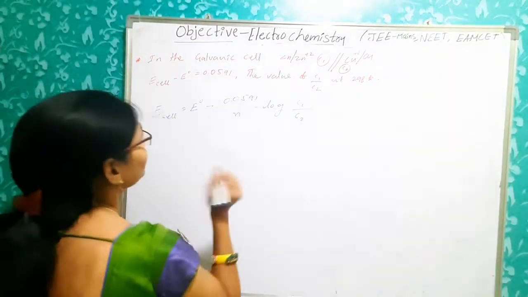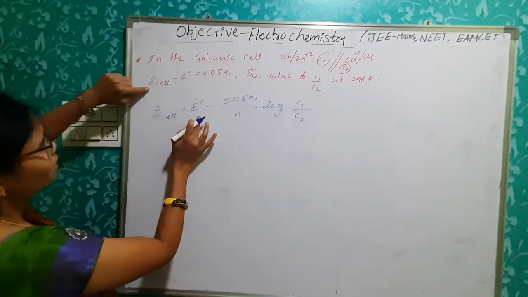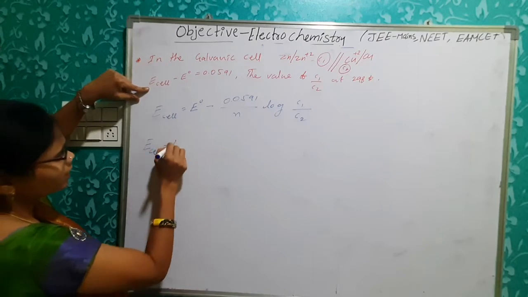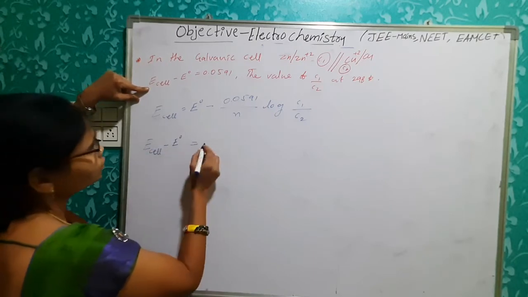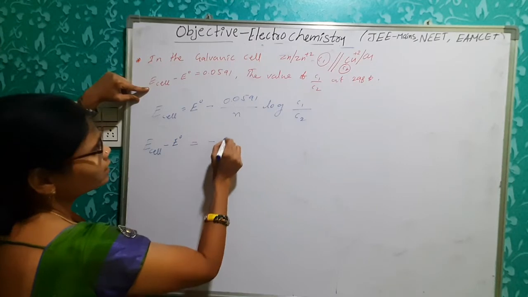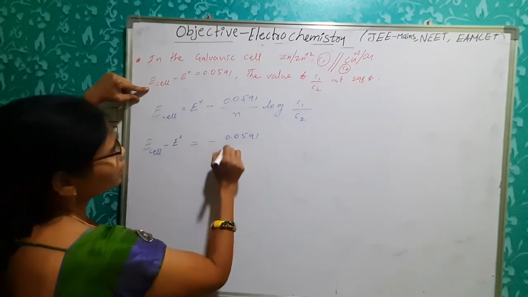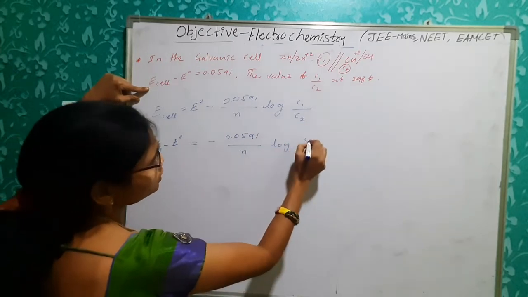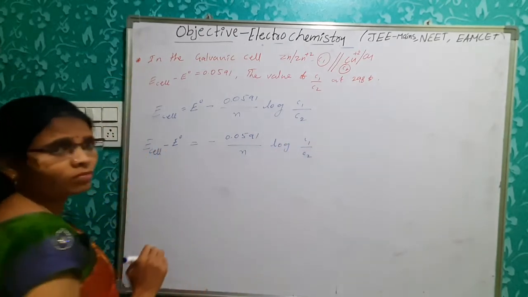So E cell minus E° is equal to minus 0.0591 by n log C1 by C2.